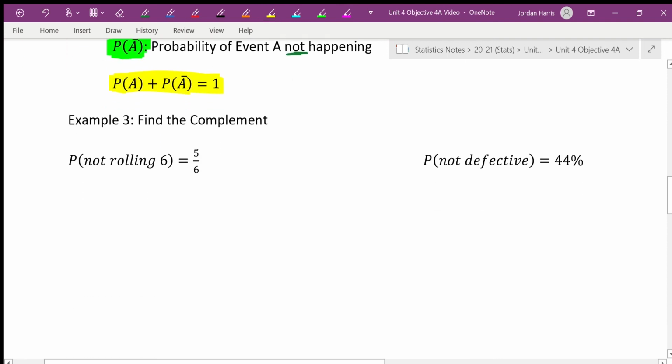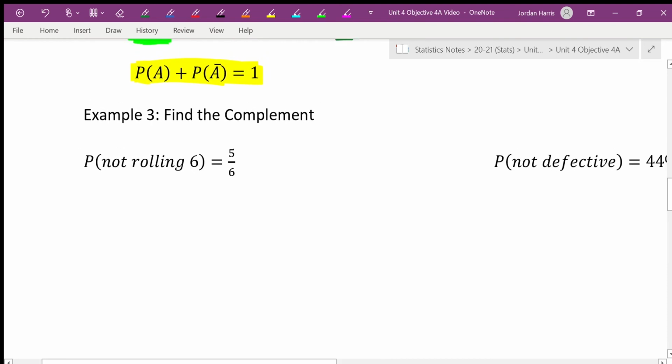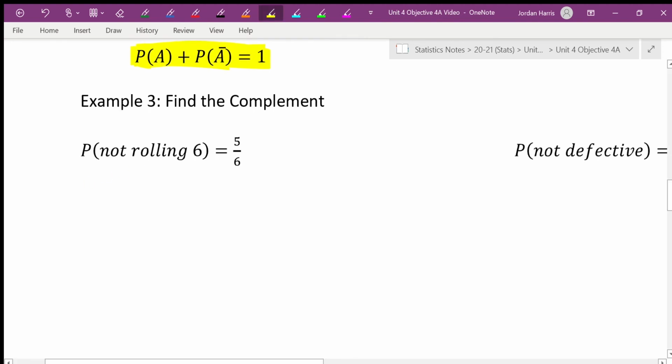So find the complement. It's the opposite. A lot of people get confused. Usually people can understand that if I had rolling a 6, the opposite is not rolling a 6. So I'm kind of throwing in a little loop. What if my event is not rolling a 6? Well, the opposite is rolling a 6.